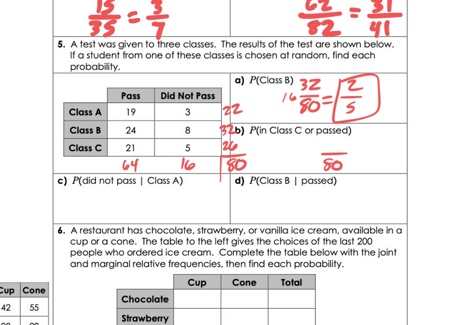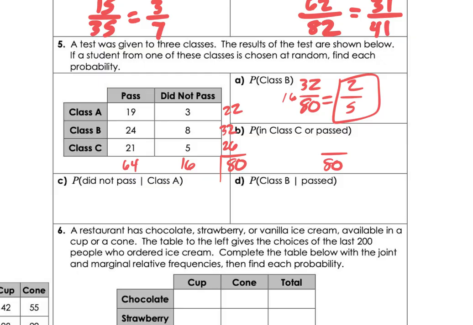But where this, I think, gets a little bit tricky, okay? Class C, we'll start with Class C. Class C would be these two groups right here, which is 26 people, okay? Or they can also come from the people that passed, okay? And the people that passed is this group, okay?